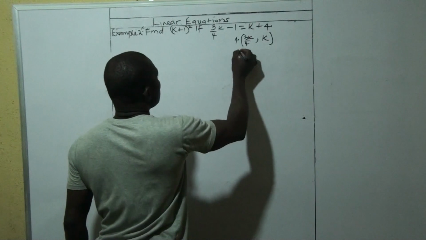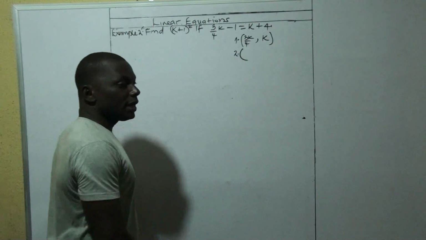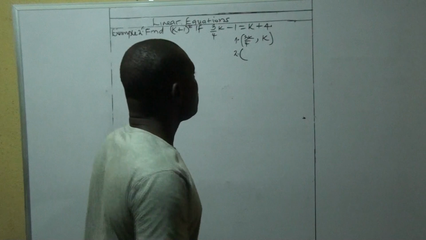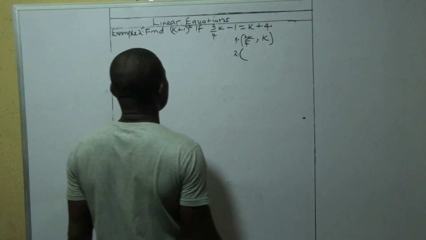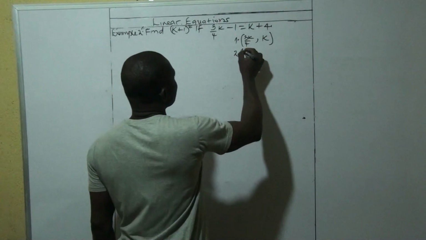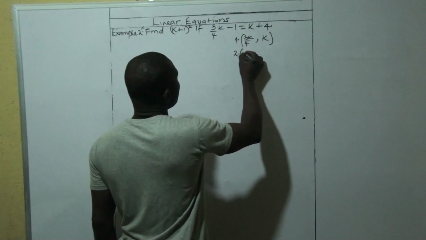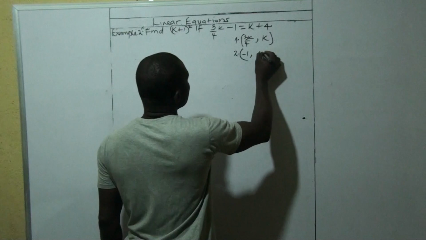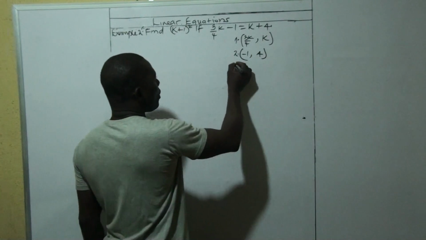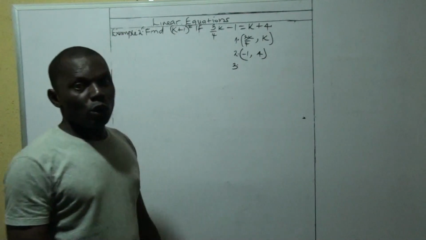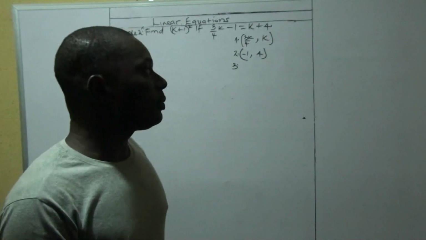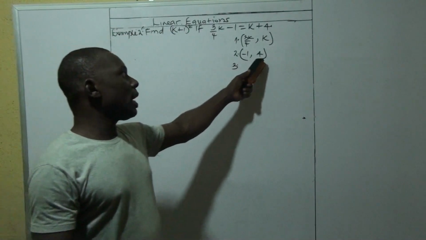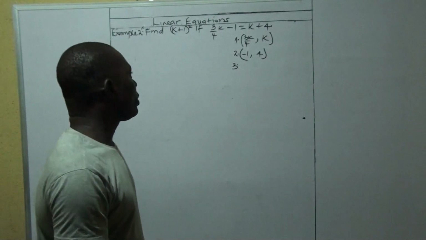Then number 2, we have to identify the constant term on both sides. On the left hand side it is minus 1, and on the right hand side it is plus 4. So the constant terms are minus 1 and plus 4.